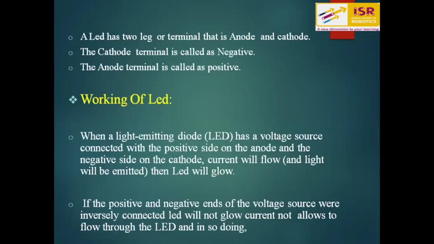And if you invert the terminals of your LED with the terminals of your battery, that means the positive of your battery is connected to the negative of LED and the negative of your battery is connected to the positive of your LED, then the LED in the circuit will not glow. So if you want your LED to work, then always you have to make it forward biased.